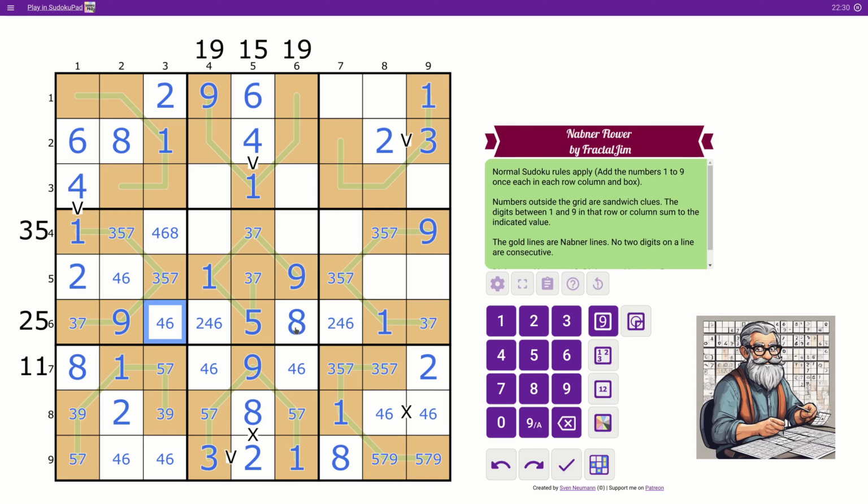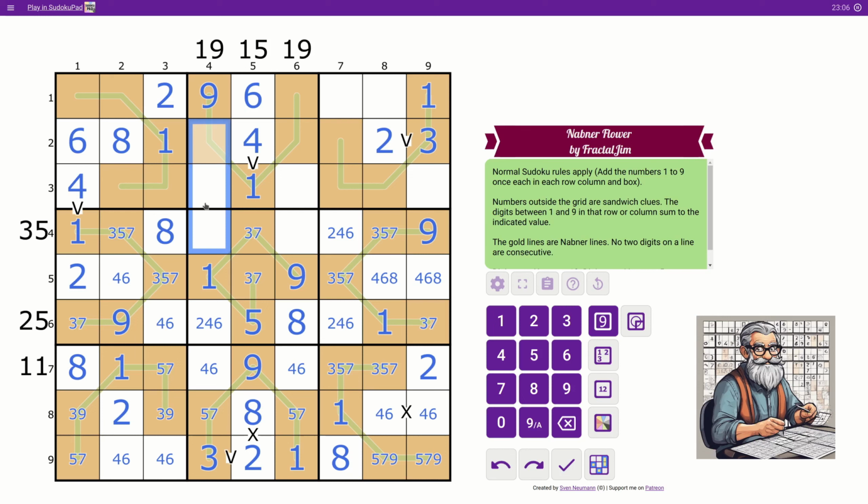Right. So now this is the only place to have an 8 in box 4, and well, we can still have 8 here. 4 and a 6, I guess, as well. That's not particularly helpful, but okay. Right. And what do we have here? Still anything?